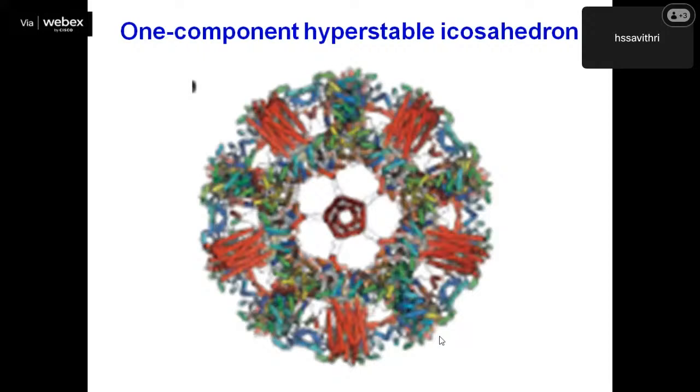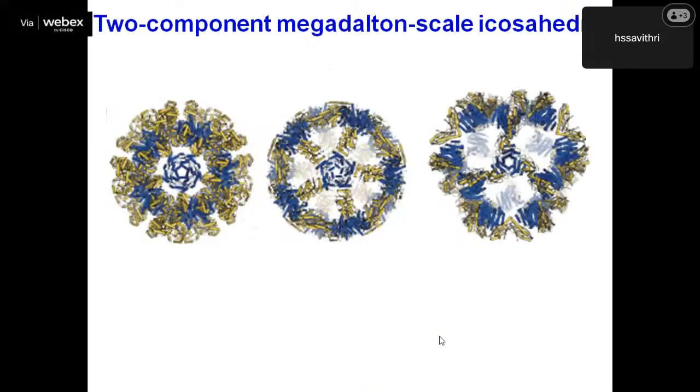A little bit of such work has been done by Savitri in her laboratory also, using natural viruses. But these are completely ab initio designed structures, which also can be used as vaccine candidates, or they can be used to deliver drugs to specific parts of our body, as drug delivery systems, both of which are very important in today's pharmaceutical industry.